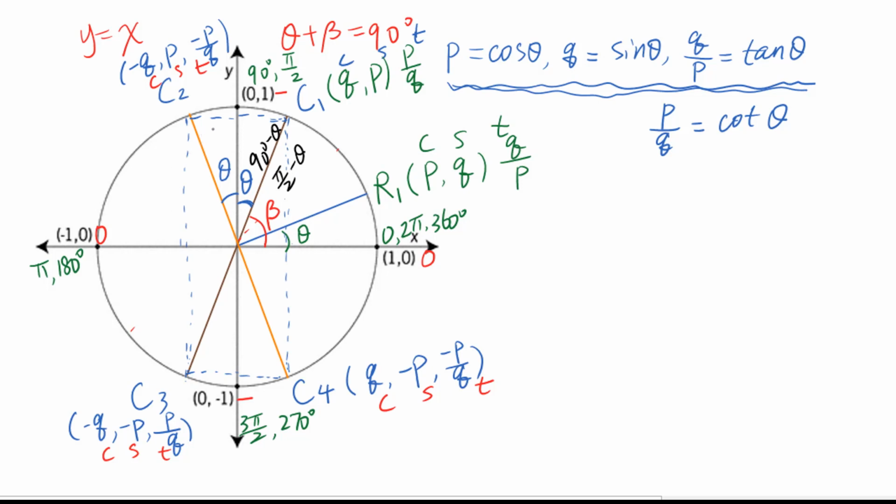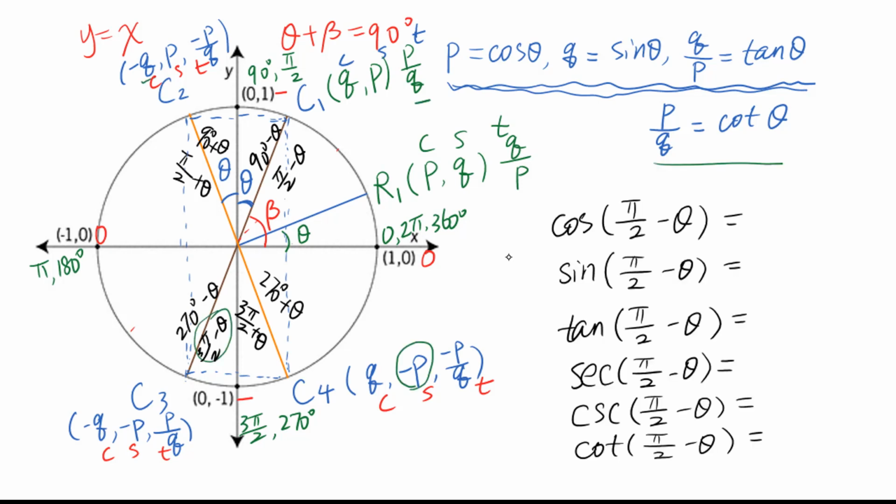For C2, we can label 90 degree plus theta, or pi over 2 plus theta. For C3, we can label 270 degree minus theta, or 3 pi over 2 minus theta. For C4, that is 270 degree plus theta, or 3 pi over 2 plus theta.